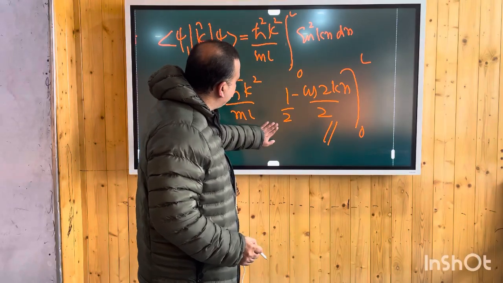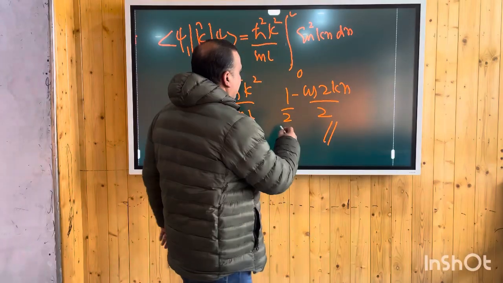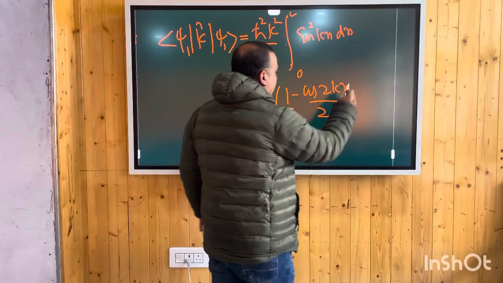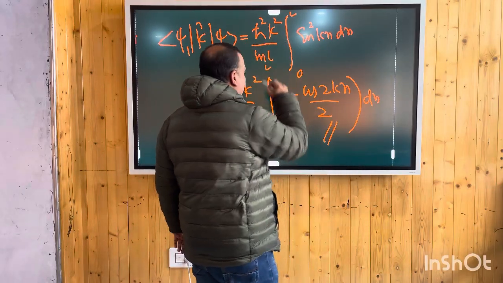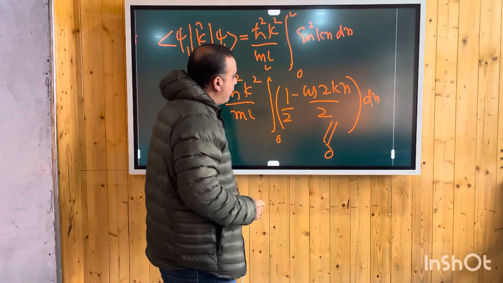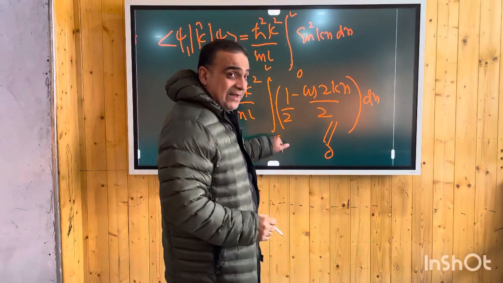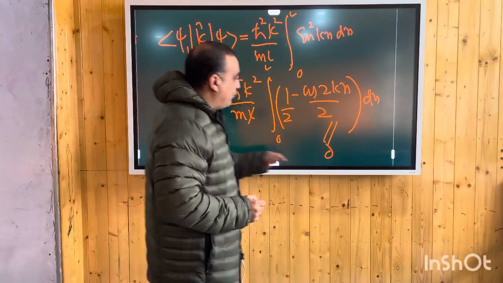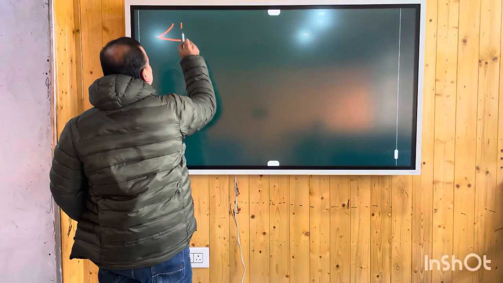I have not yet integrated it. Once you integrate it from 0 to L, this term will be 0. The integration of this term will be 0, and you'll be left with L by 2, and this L and L will cancel. And what you have done is you have calculated the kinetic energy.